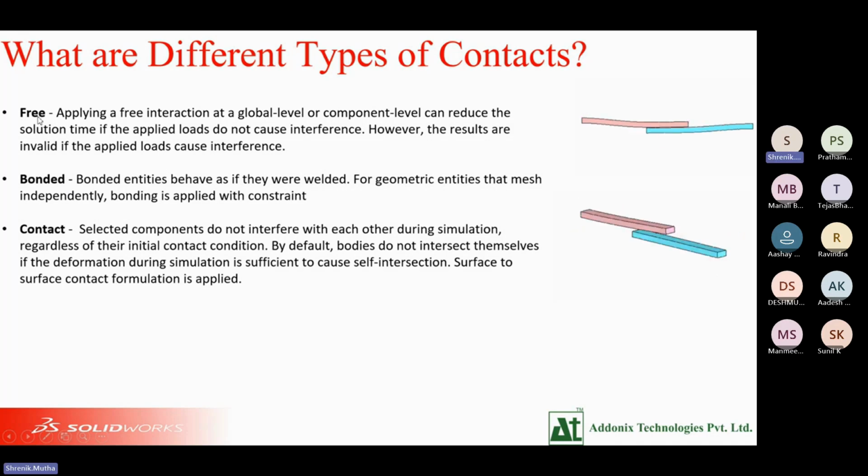But sometimes, let's say I'm quite sure two plates won't come in contact at all. So I can apply the free type of component interaction between them just to reduce the simulation time. For free type of component interaction, the simulation runtime will be much smaller.